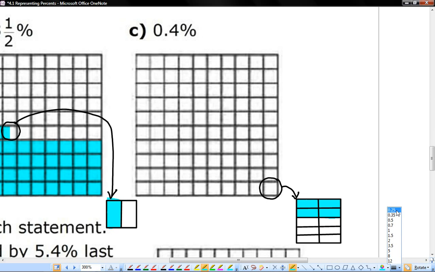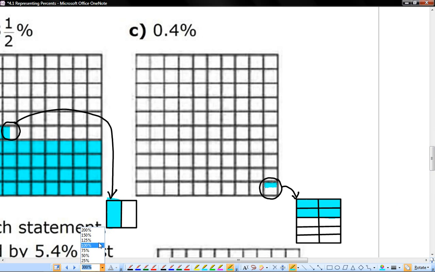You try to do a nice careful job of this inside that little square, just to give a rough idea of what it looks like when you zoom out. And that's what it would look like. That's about 0.4%. Okay?